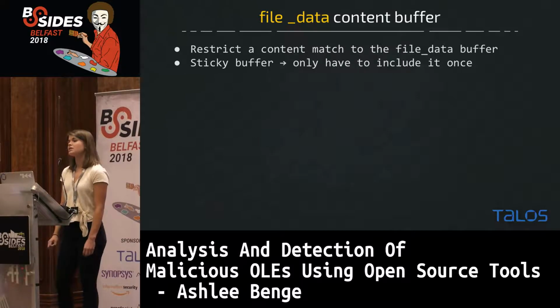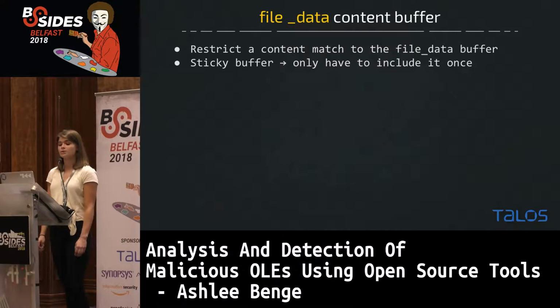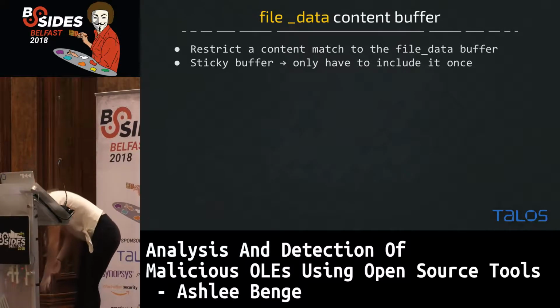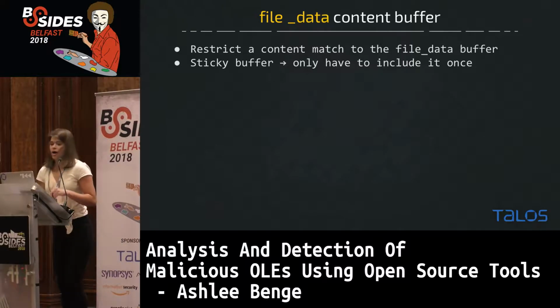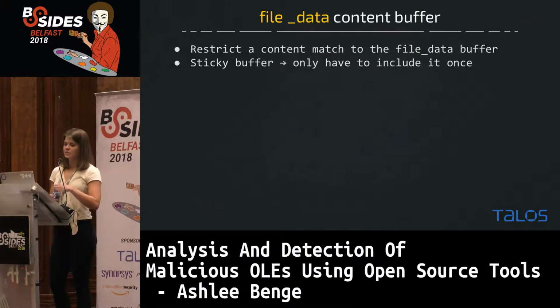Another content buffer that's going to come up a lot when we talk about our malicious OLEs is the file data content buffer. So this restricts a content match to just the file data. And whereas we have to repeatedly define for our other content buffers which one we want to look at for each content match, with file data we actually only have to include it once.